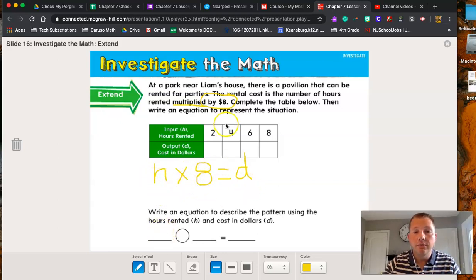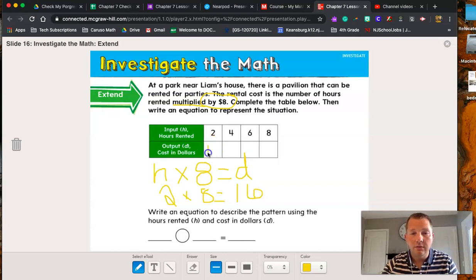So if I were to do the first one here, 2 times 8 equals, and I know my answer is going to be 16. If I keep on going with my equation and filling it in, now h is 4.